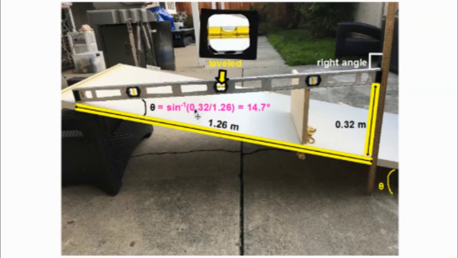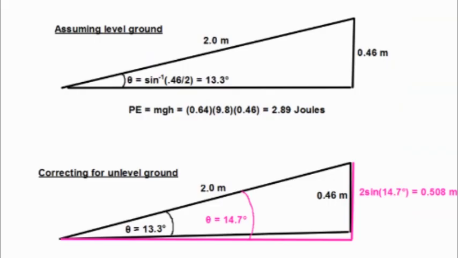And I see that by using the sides of the triangle, I can figure out that the angle of incline here of the door is 14.7 degrees. I think you would find if you use the old numbers with 46 centimeters, that gave you an angle of 13.3 degrees.